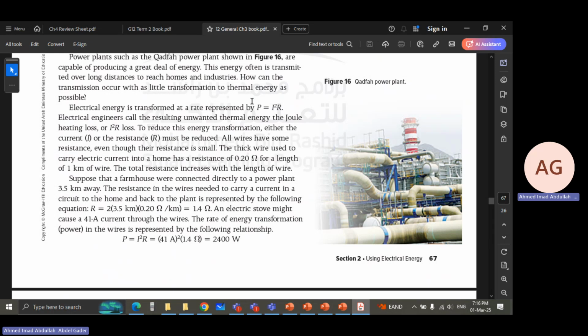These manifest as heat. Now, the power loss through these transmission lines equals P equals I squared R, where I is the current through the transmission line and R is the resistance.